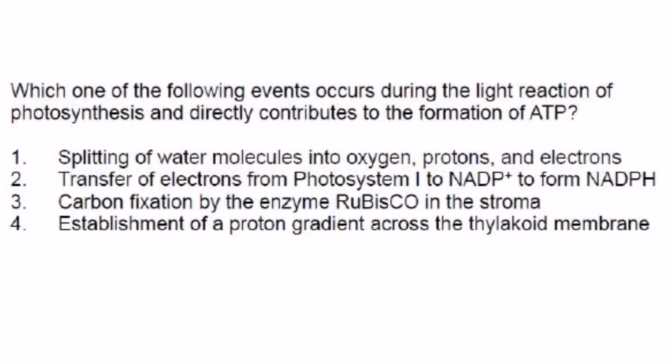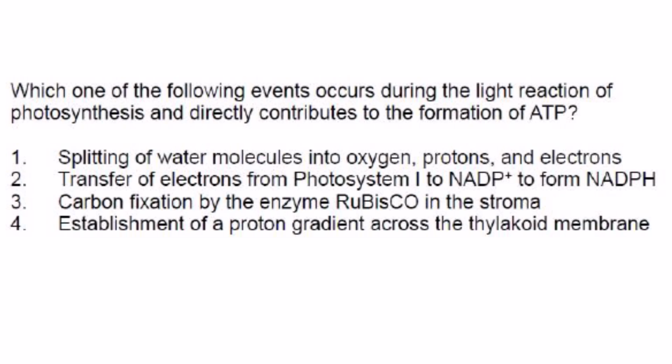Now next one. Which of the following events occur during the light reaction of photosynthesis and directly contributes to the formation of ATP? You know light energy is absorbed by chlorophyll, then there is splitting of water into oxygen, protons, electrons, then there is the electron transport chain where the electrons are passed and it will result in the production of a proton gradient across the thylakoid membrane, and this proton gradient will help in ATP synthesis.